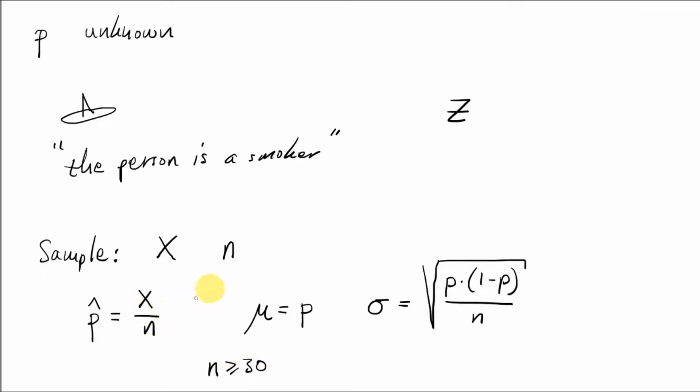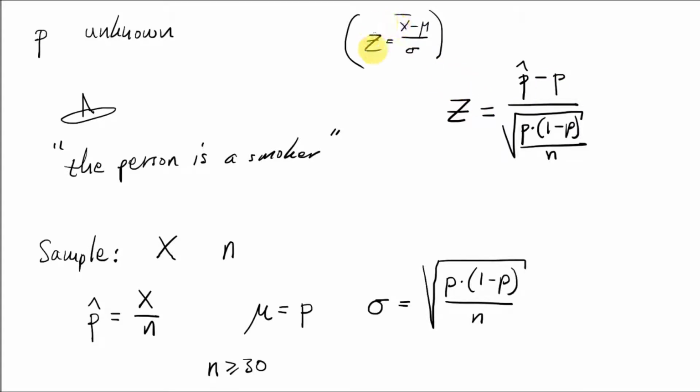So this is normally distributed, and to that corresponds a standard normal distributed random variable, this one here. And this has the same structure as we had before. For example, here is our estimate of p, as this was our estimate of the expectation value. And here is the unknown parameter, and here's also the unknown parameter. And here we have the standard deviation, and this is the expression for the standard deviation. So this one here is standard normal distributed.